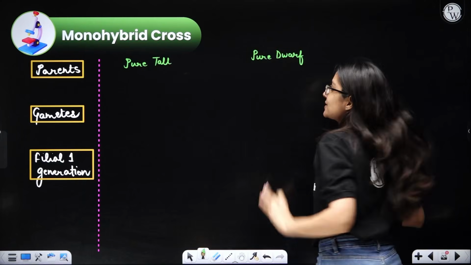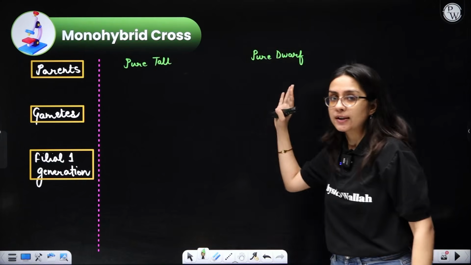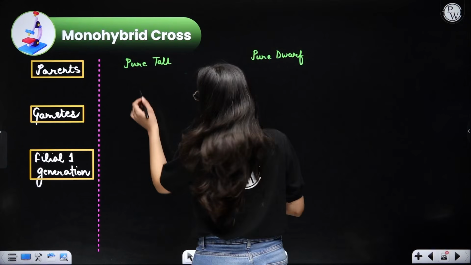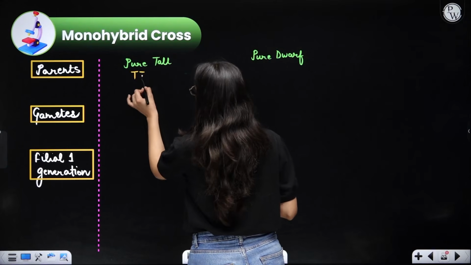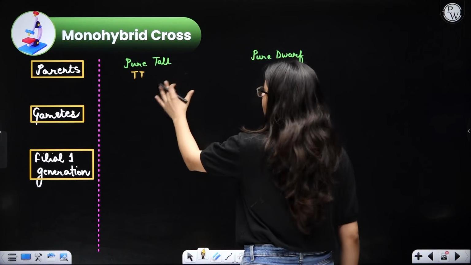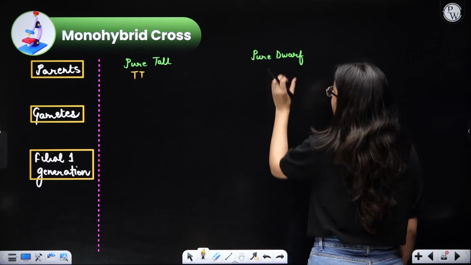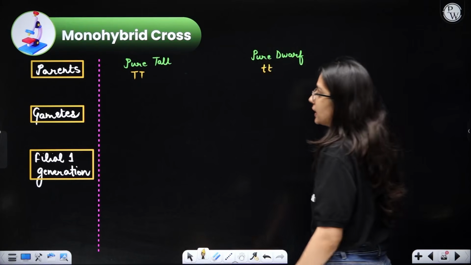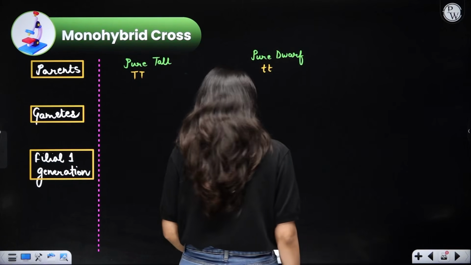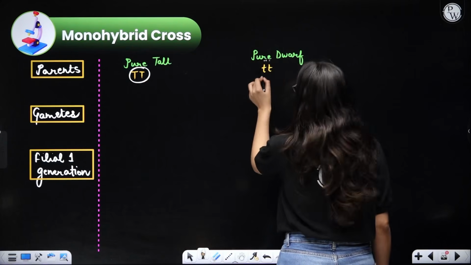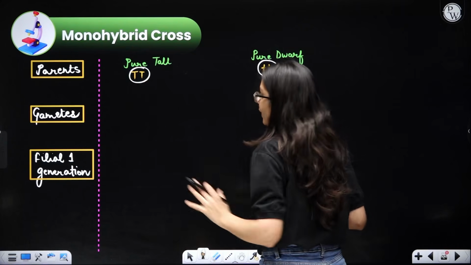This is what you know as the phenotype: pure tall and pure dwarf. But what will be the genotype of this one? Pure tall means it is homozygous dominant. We just now learned that pure means homozygous. So homozygous tall is capital T, capital T. Pure dwarf will mean homozygous recessive, that means small t, small t. That was the parental combination. That is called the parental combination. So the genotype of the parents you are now very well versed with.